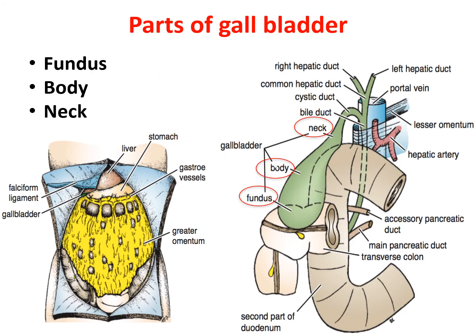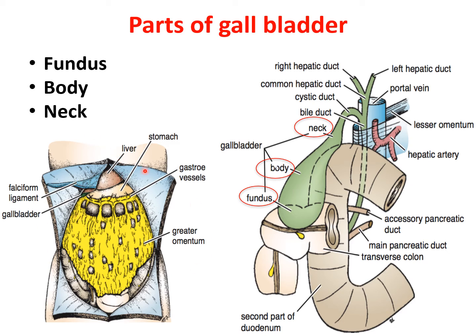Coming to the parts of the gallbladder. Gallbladder primarily has three parts: the fundus, the body, and the neck. Coming first to the fundus of the gallbladder. So the fundus is a rounded projection, which you can see here, that projects below the inferior margin of the liver.